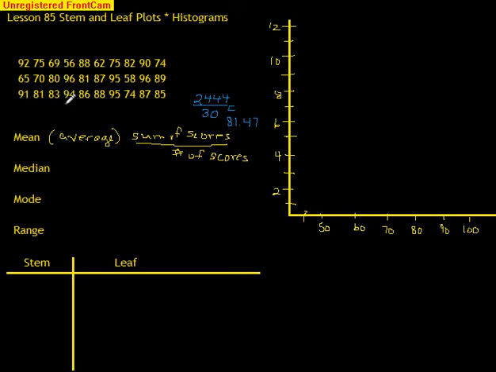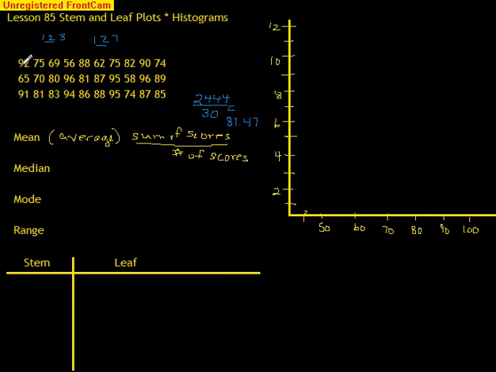One way we can help reorder is to do a stem and leaf plot. A stem is your first numbers. If we have numbers like 123, 127, and all the numbers start with 1, 2, then our stem would be 1, 2.